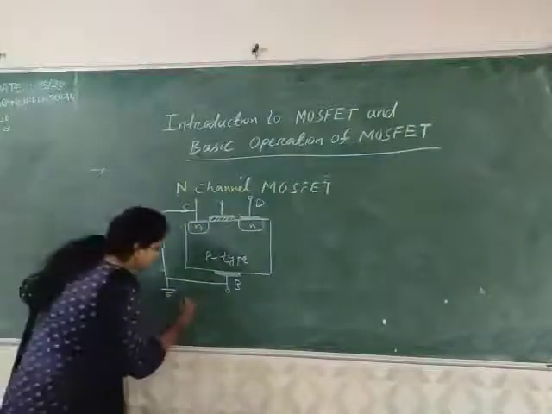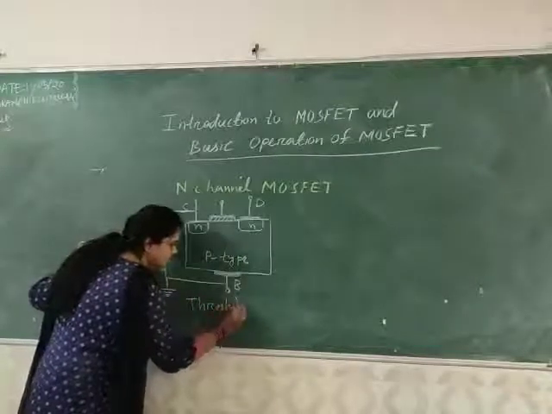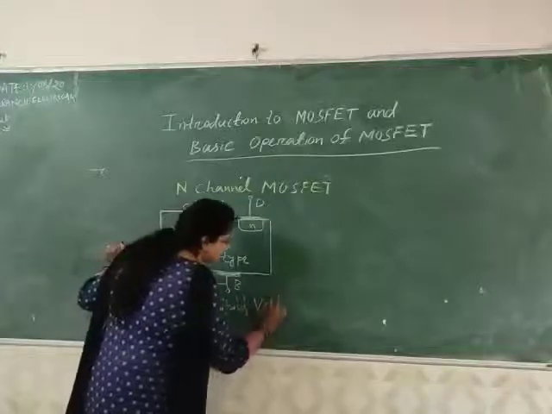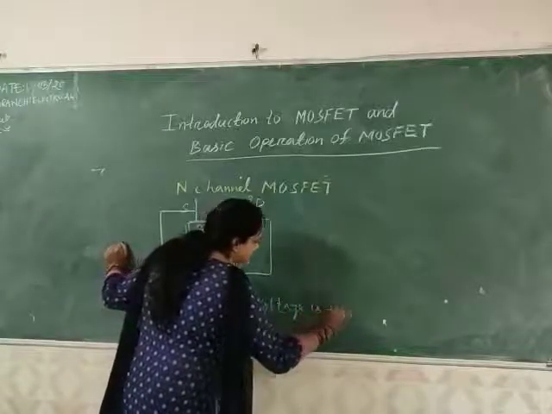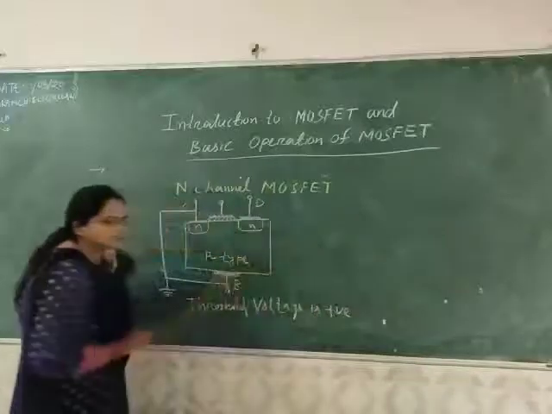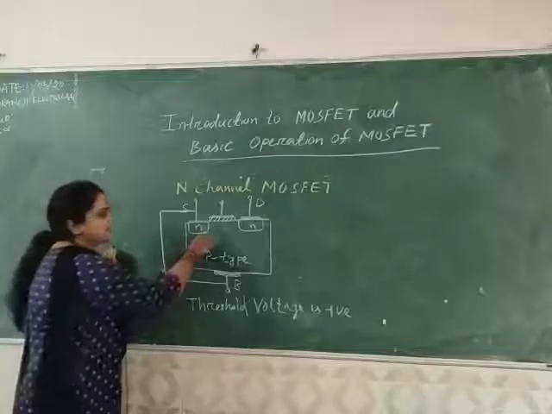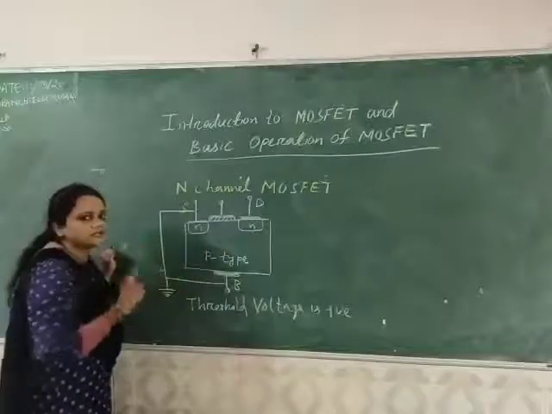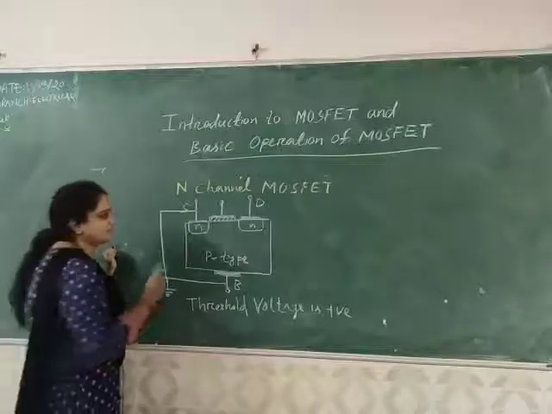So here the threshold voltage is positive. What is threshold voltage? Means the voltage at which there is a channel formed between source and drain, that is known as threshold voltage.